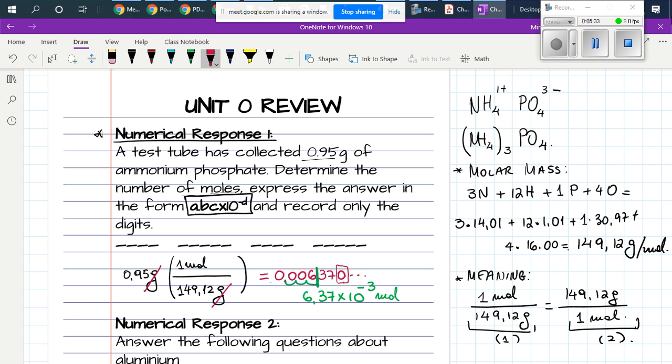So what we are recording in the numerical response are just the numbers 6, 3, 7, and the digit D, which in this case is 3. Is this clear? So no space, no comma, no nothing, just the digits 6, 3, 7, 3.